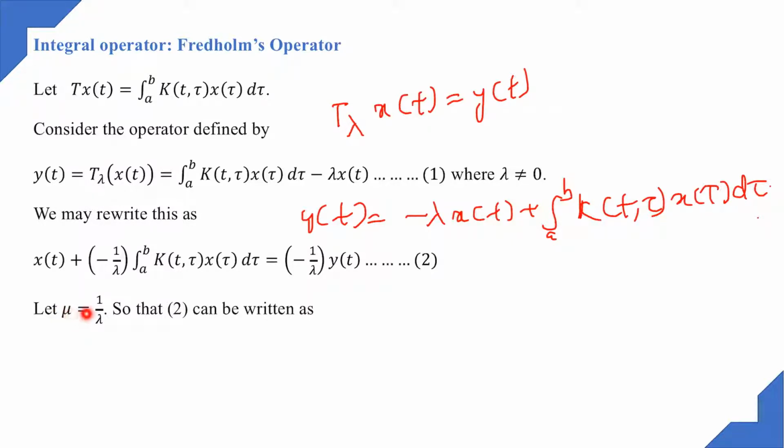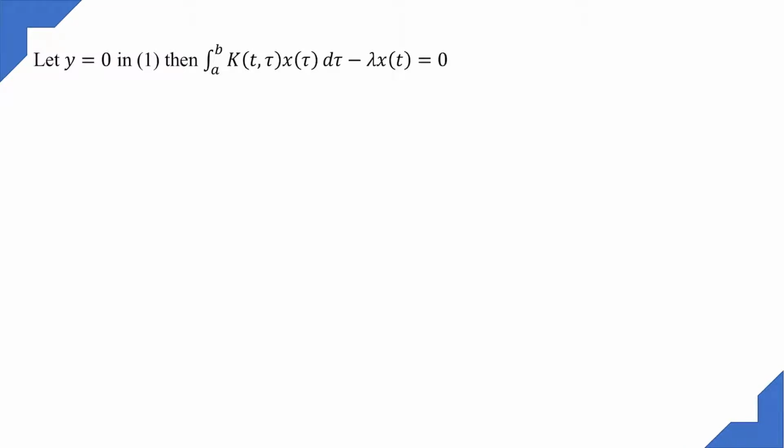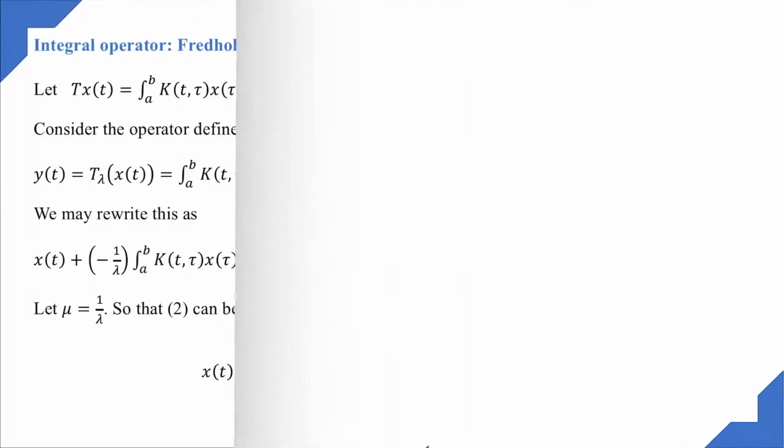Now we will write 1 by lambda as mu, so this equation will become x(t) minus mu times the integral from a to b of k(t, tau) x(tau) d tau is equal to minus mu times y(t). Suppose this lambda is an eigenvalue, or if y is equal to 0.